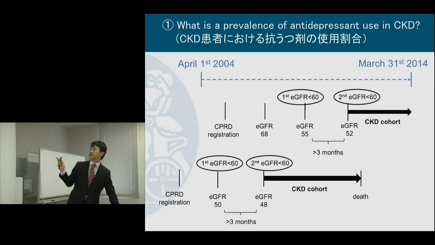By graphical representation, patients measure their kidney function at different timings. And at the second time, eGFR less than 60 was observed. I included each such patient into the CKD cohort and established the CKD cohort in my study.